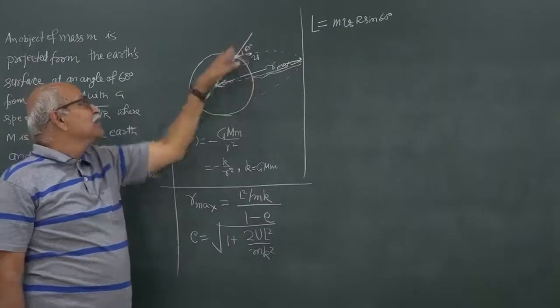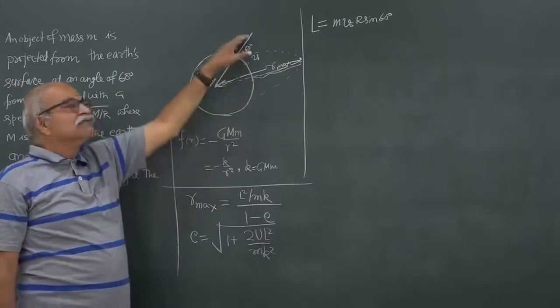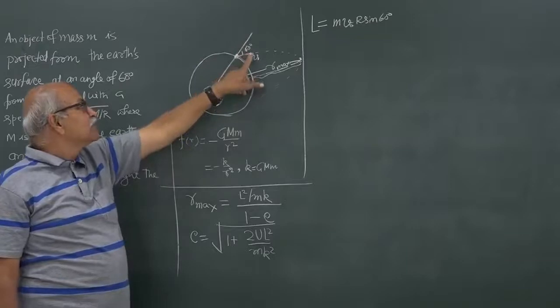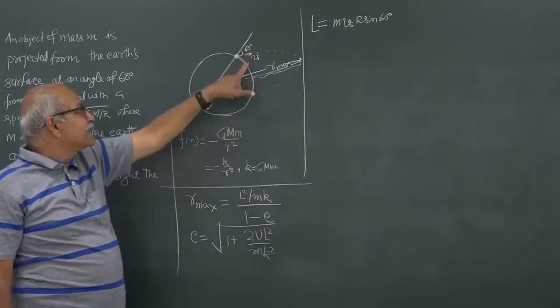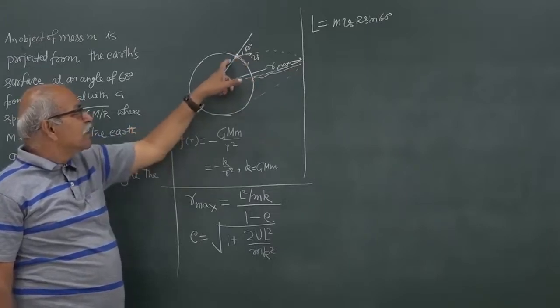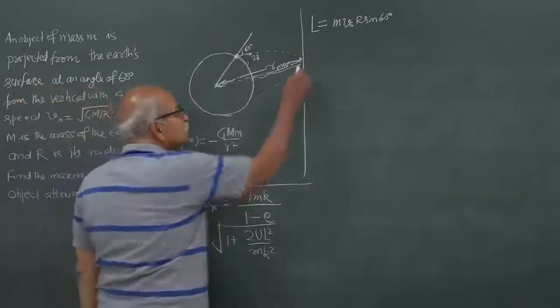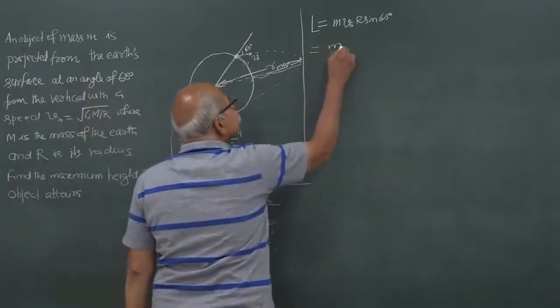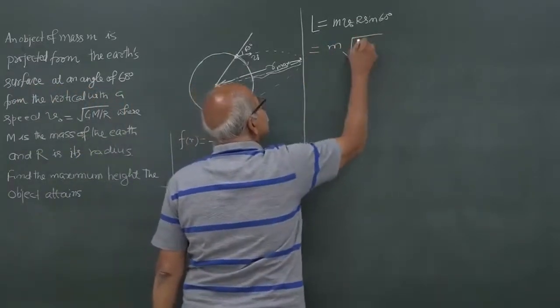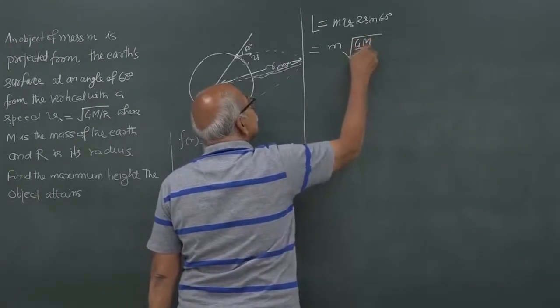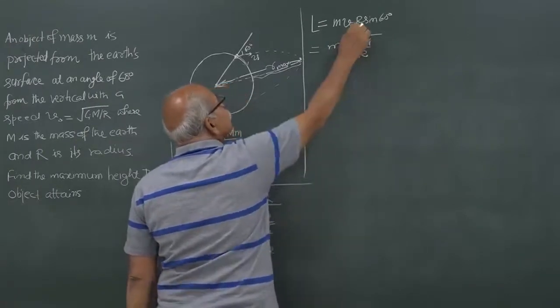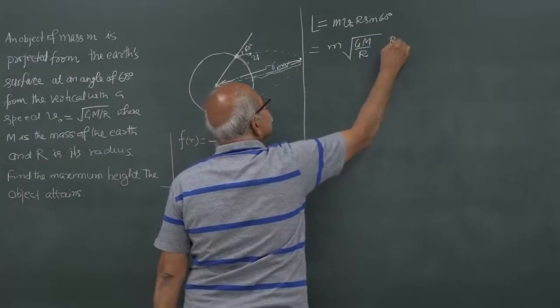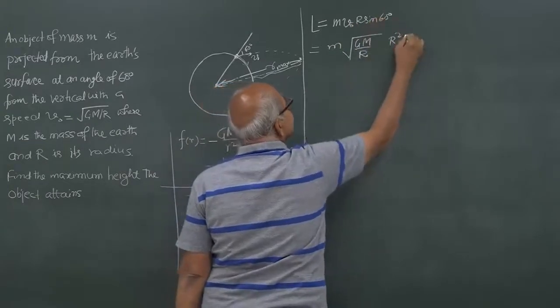This radial component in r cross p will give 0, and this component is v naught sine 60 degrees. So, mass into this v naught sine 60 degrees into distance capital R, that is our L. So, this is m, and v naught is given to us, root of GM by R, and then this R here, and then this sine 60 degrees, root 3 by 2.